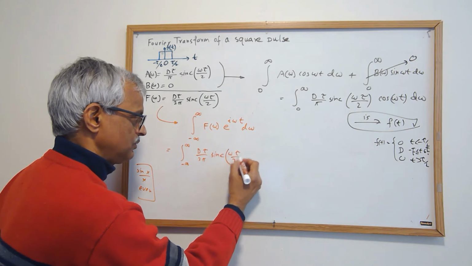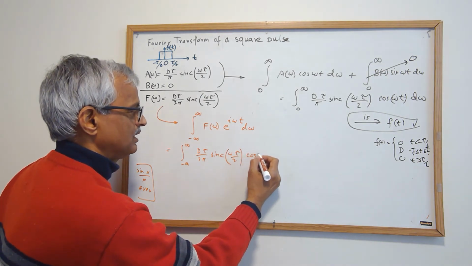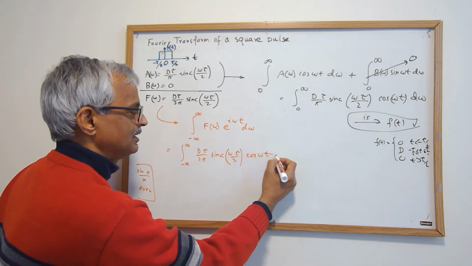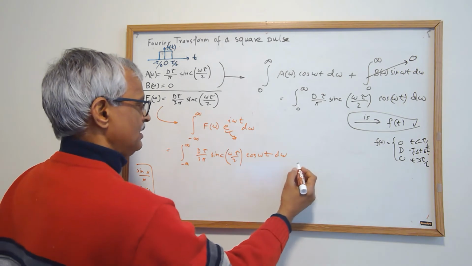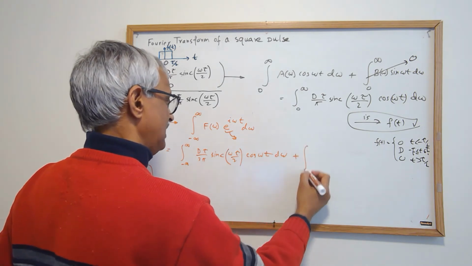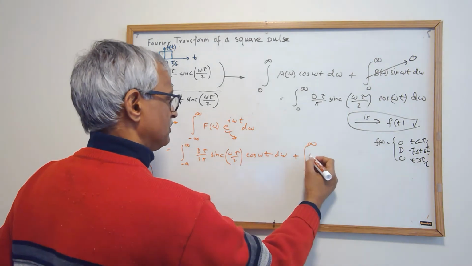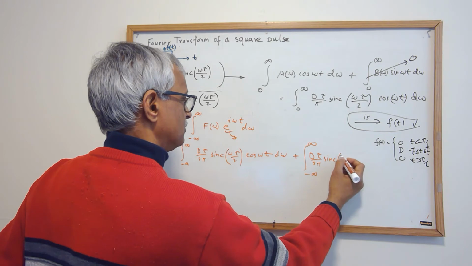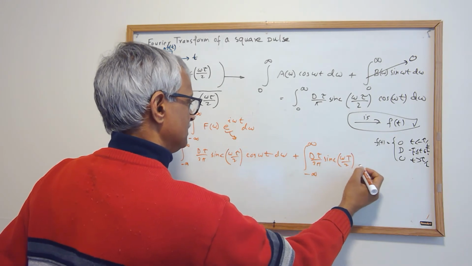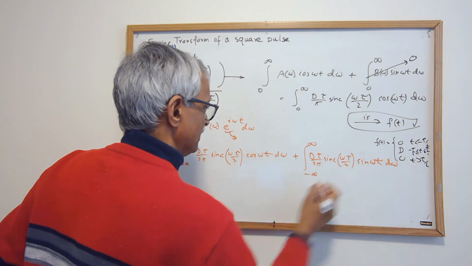Sinc of omega tau over 2 times cosine omega t d omega. I can write this as cosine and sine. Plus I will have the same stuff, d tau over 2 pi, sinc omega tau over 2, sine omega t d omega.